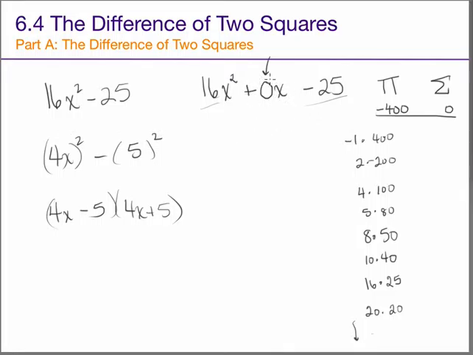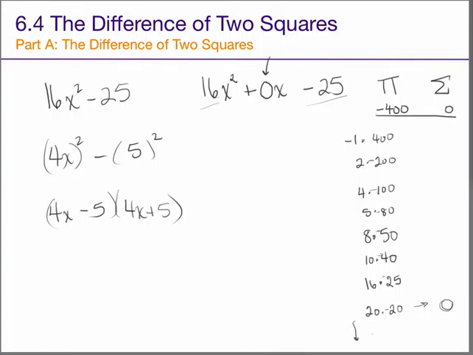Since this is a special case, and I know that I want these to add up to 0, they're going to have to be the same. It doesn't really matter whether the big number is positive and the small number is negative, because the only one that's going to work for me in this case is one where the two numbers have the same value, but one's positive and one's negative. Those are the only two that are going to add up to 0.